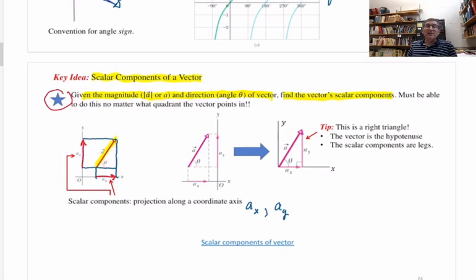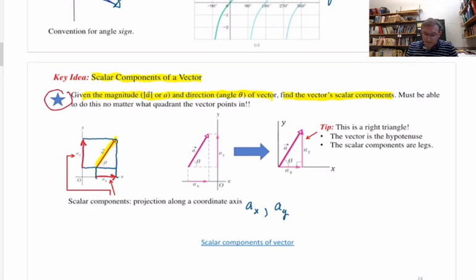There's nothing sacred about where I drew this vector A. I drew it in the first quadrant, but I could have drawn an arrow with the same magnitude and direction, but lying in the second quadrant. That's the second picture here. And I can then still draw the projections along the x and y directions, and I'll get the same projections. If it's the same magnitude and the same direction, then that's all you have to know. Doesn't matter where you actually draw the arrows.